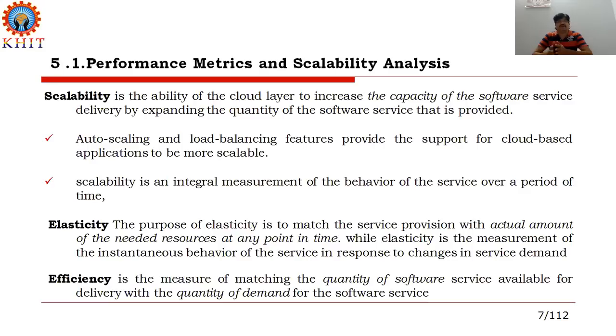So based on our requirements, the servers will be automatically upgraded or downgraded.